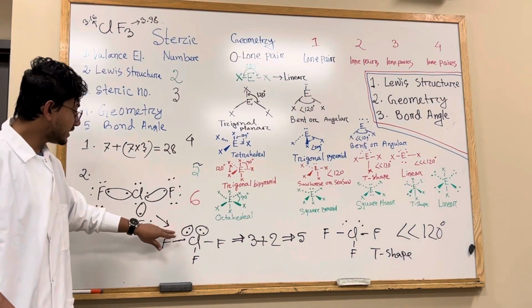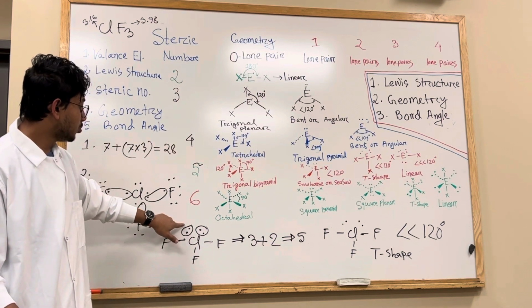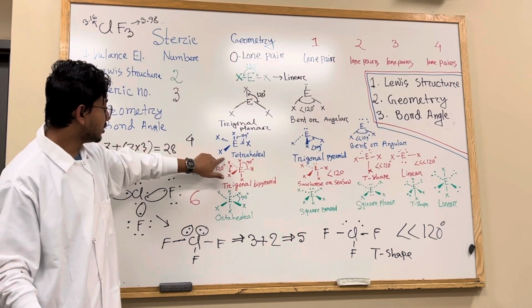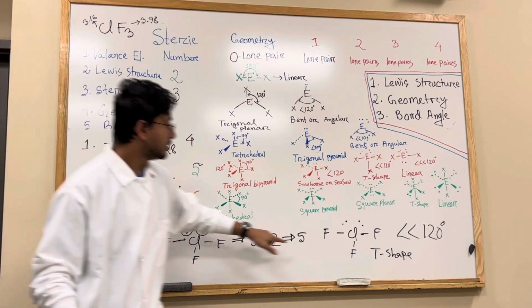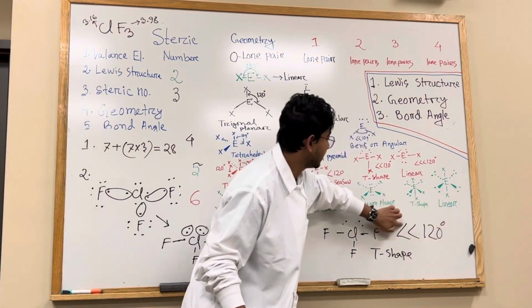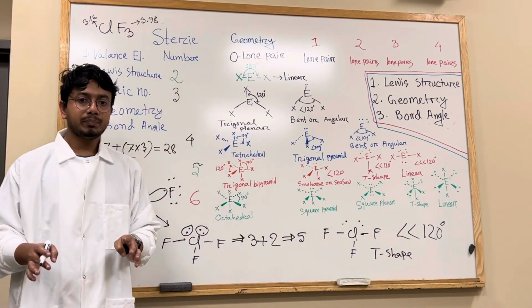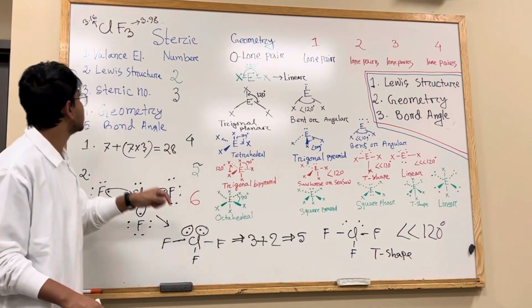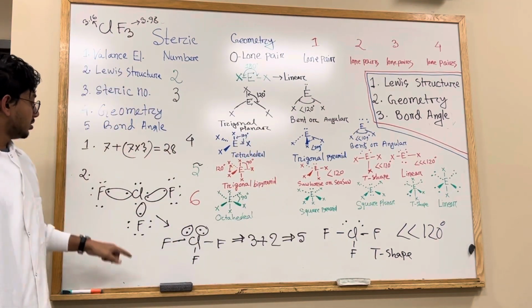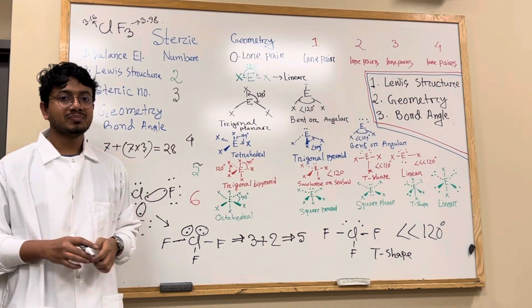So you can easily see the lone pair impact on the bond angle: it is 120 without lone pairs, but with 2 lone pairs it is less than 120. You see the geometry, which is T shape, and the Lewis structure, which is that. I think you got that. Thank you.